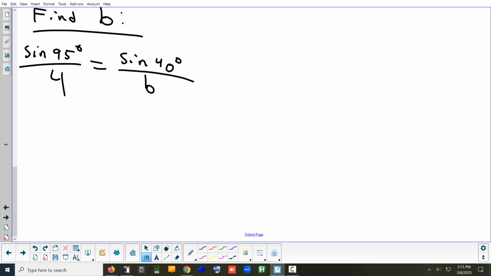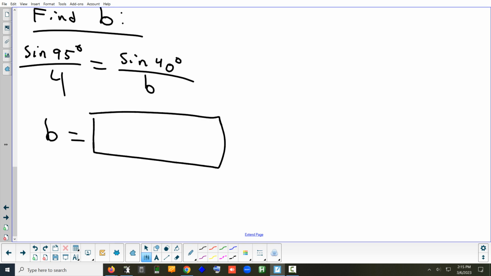Okay, and how about Tyler? Can you tell me what B is going to equal, and I'll type it in on the calculator? Like the actual answer for you. Just the calculation.